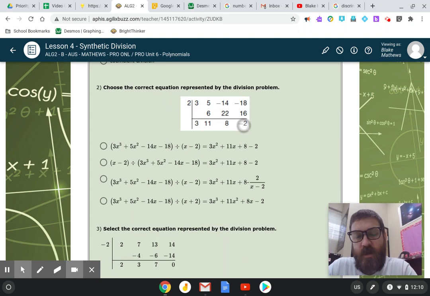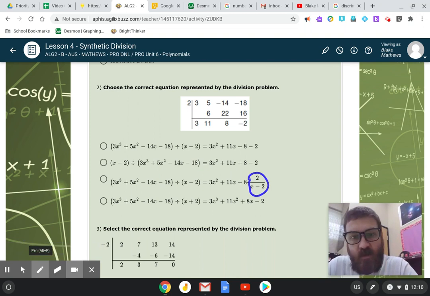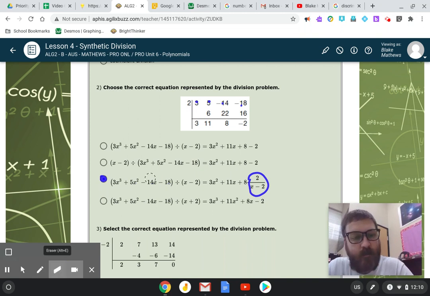Notice there is a remainder here, and this is a good example to show you, the way remainders are written in these types of problems is this is going to be rewritten as -2 over the original divisor. So just to be clear, I went ahead and gave you that answer. The answer to this question is going to be this third option because we have 3x to the third, 5x squared minus 14x minus 18 divided by x minus 2, which has a 0 of 2.